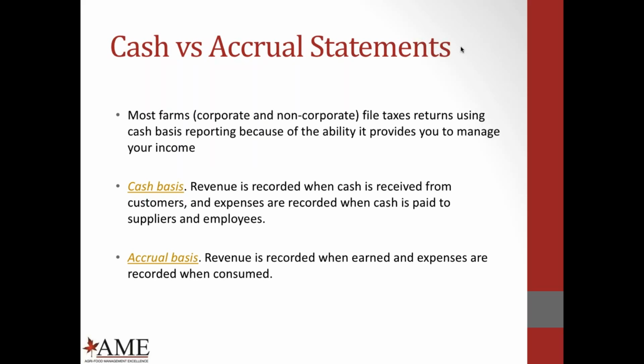So I talked about the cash versus the accrual statements. Most farms, whether corporate or non-corporate, file taxes using cash basis reporting. Cash basis is basically you record the cash when it is deposited into your bank, and you record the expense when you write the check. The advantage to us farmers on the cash basis is we can manipulate when those expenses occur.